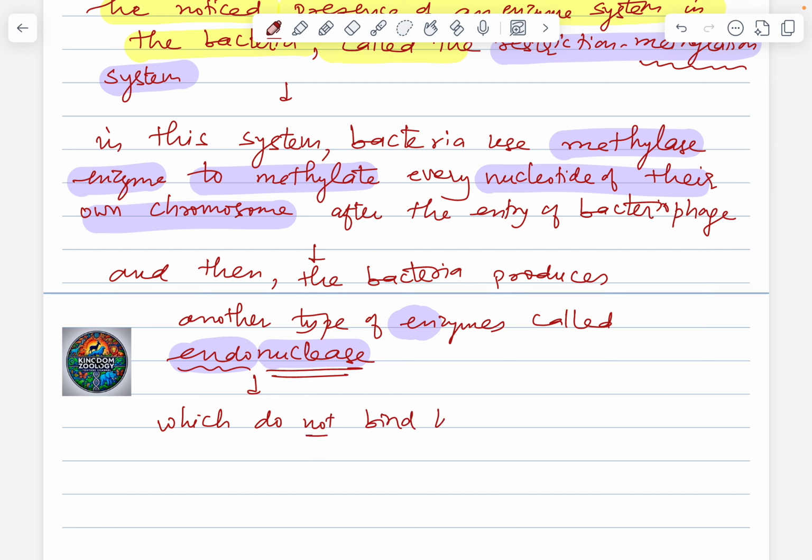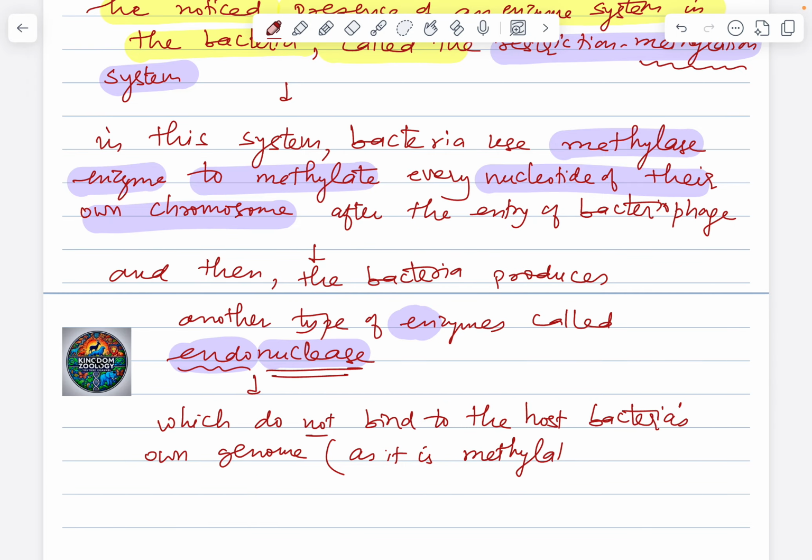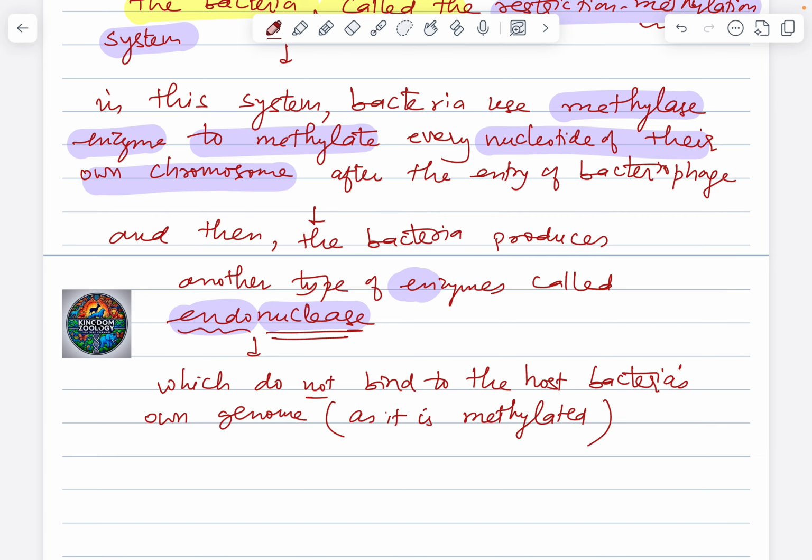do not bind to the host bacteria's own genome. Why? As it is protected by methylation. The endonucleases do not attach to the methylated genome, and whose genome is methylated? The bacteria's own genome.